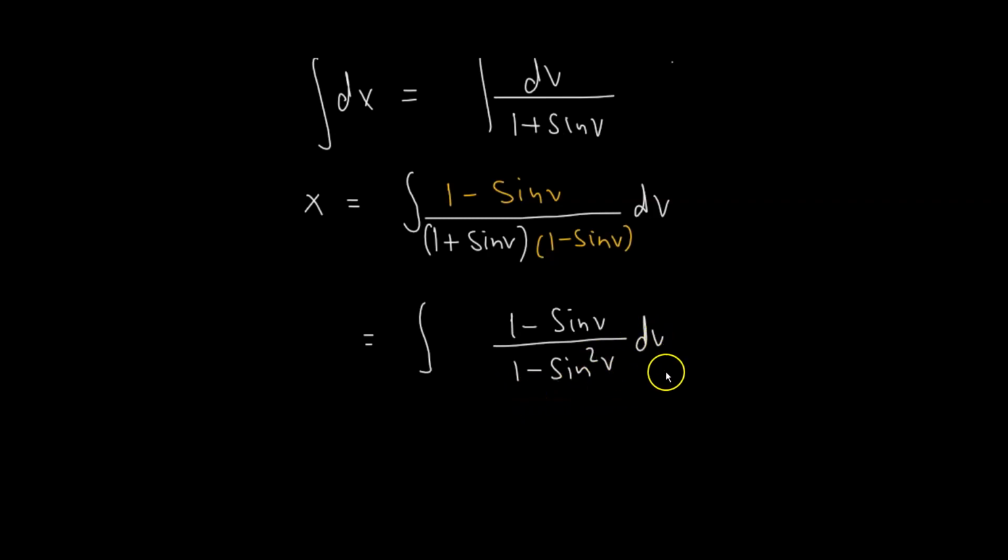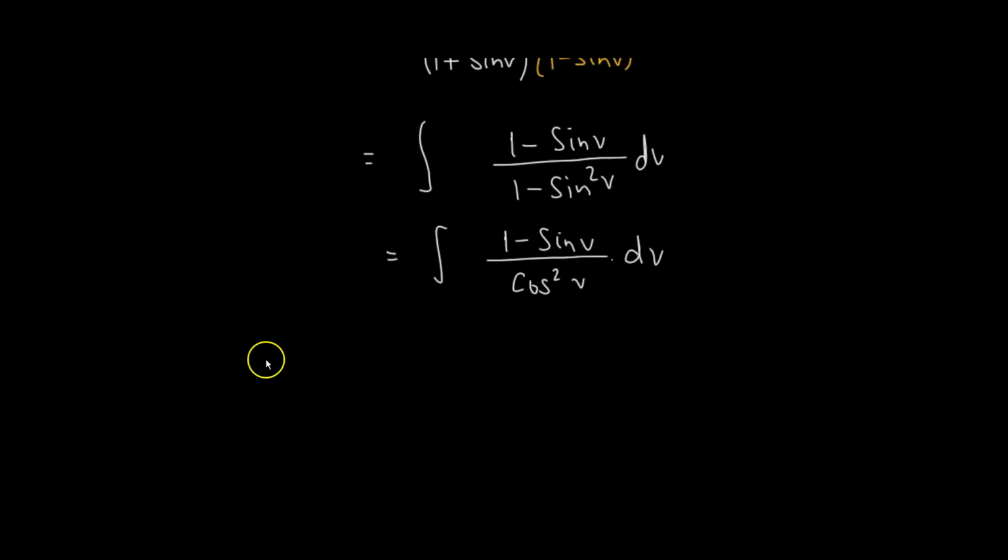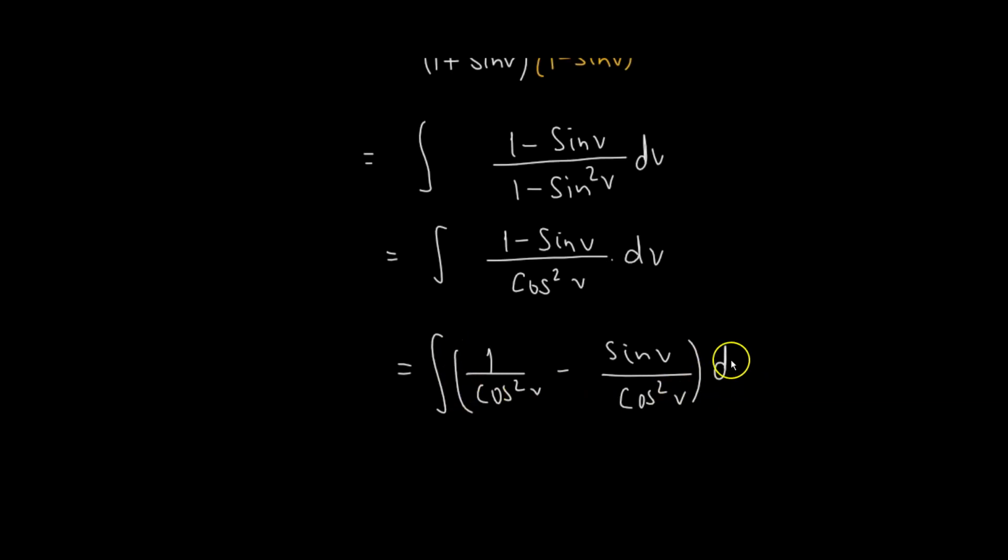And again, 1 minus sine squared v is an identity. We know that cosine squared v plus sine squared v equals 1. So this will be 1 minus sine v whole divided by cosine squared v dv. Further simplification gives us 1 over cosine squared v minus sine v over cosine squared v dv, which equals integration of secant squared v dv minus integration of sine over cosine, that is tangent of v, times 1 over cosine v, which is simply secant v dv.